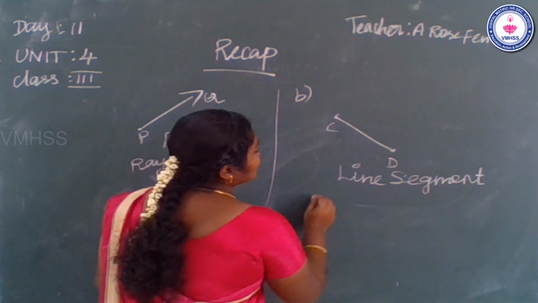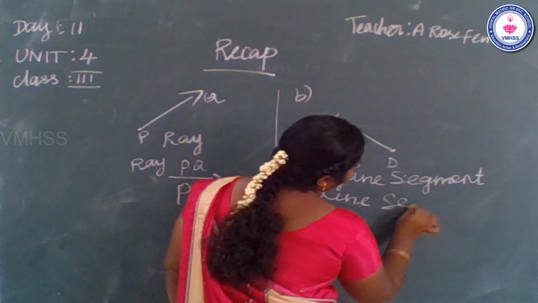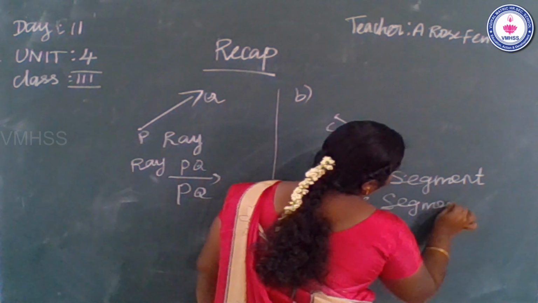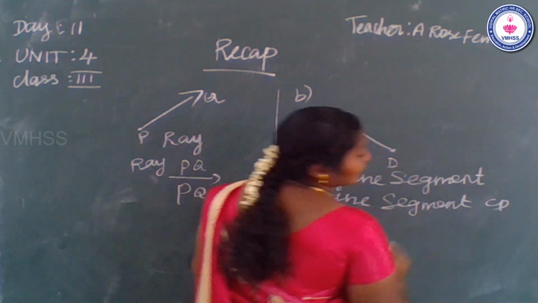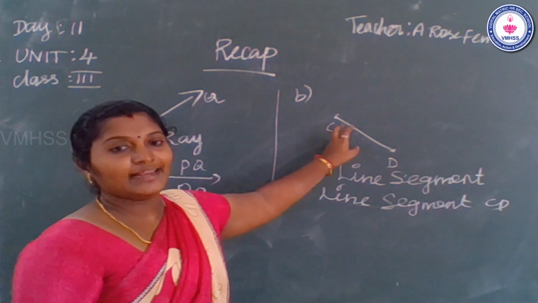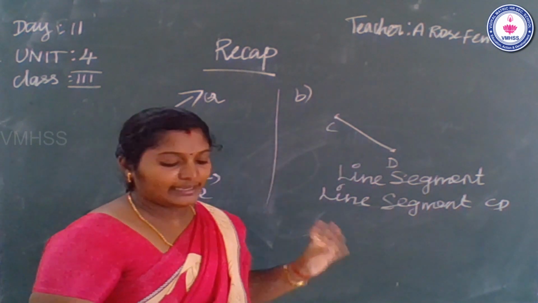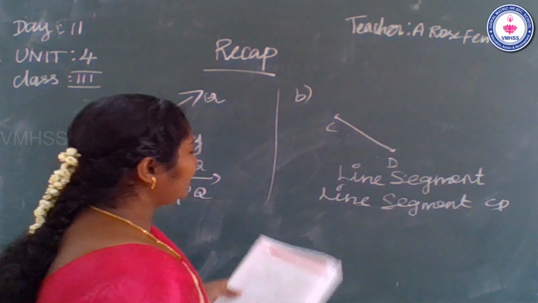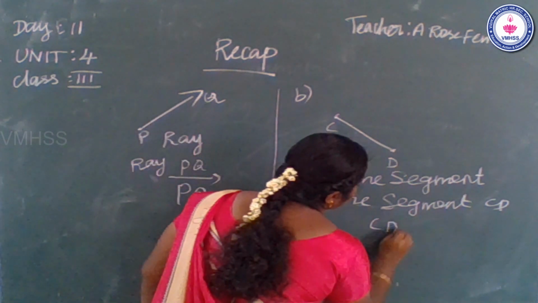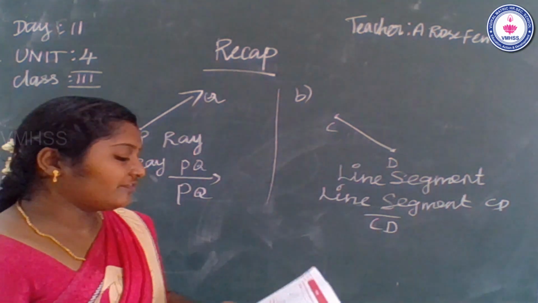Listen, this is a line segment and its name is line segment CD. Its symbol is CD. Do you understand? What is the first picture?